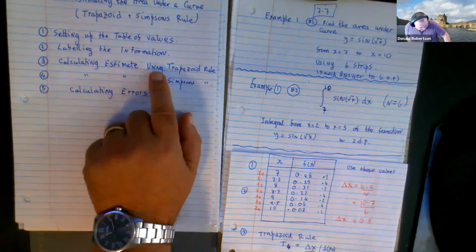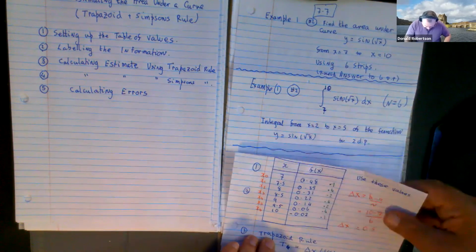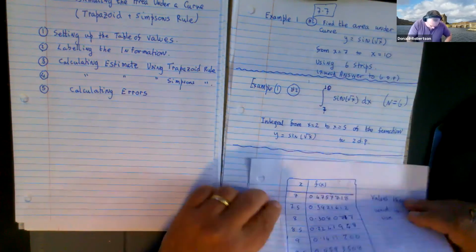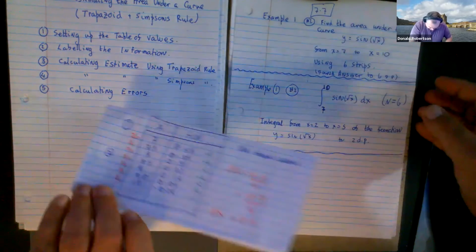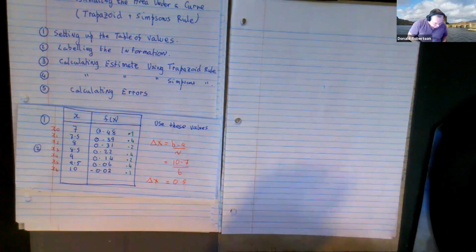And now we're going to calculate, using this table, the trapezoid and Simpson's rule. So let's get all these bits of paper out of the way. And we are going to use these data points to get the trapezoid rule.